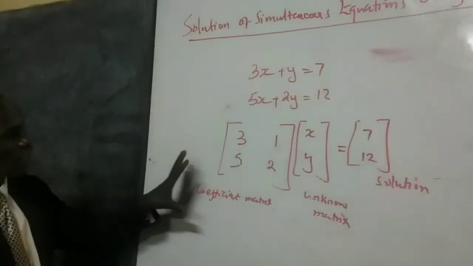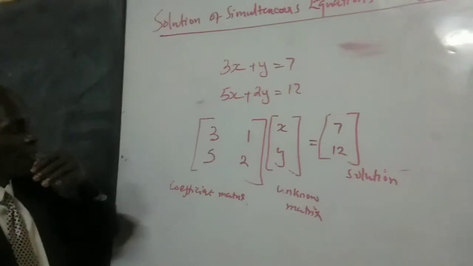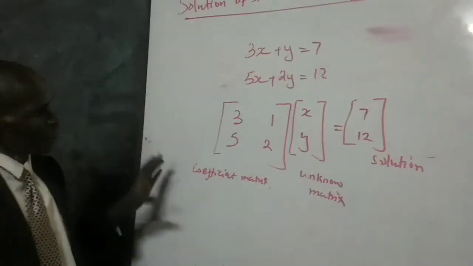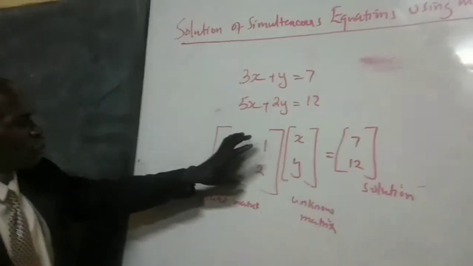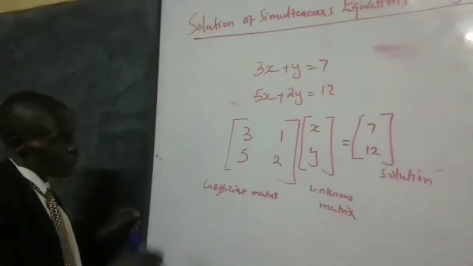It is the matrix that contains the unknown variables which you want to get their values. Now, having extracted the coefficients from those linear equations, then we find the inverse of the coefficient matrix.